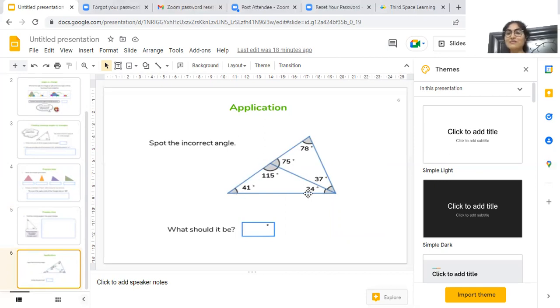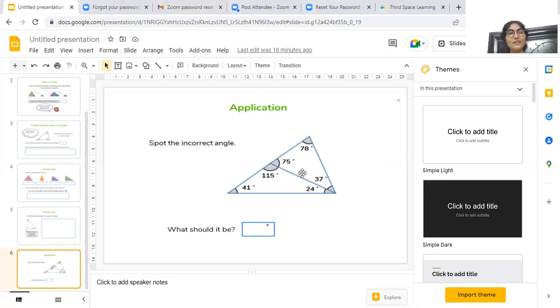So the first triangle is all correct. Let's work on the second triangle. Now 75 add 37 will give us 112, right? And if we add 78, we get 190 degrees.